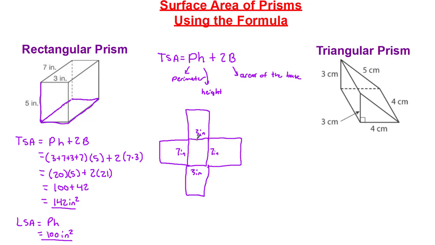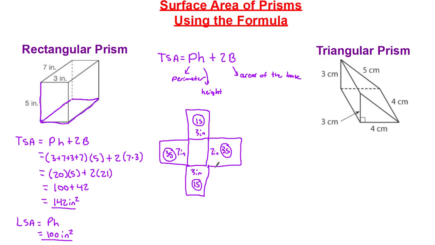Okay, so this is going to be a 3 by 5, which is going to be equal to 15. This is going to be a 7 by 5, which is 35. This is going to be also a 7 by 5, which is 35. I'm multiplying the areas here. And this is going to be a 3 by 5, which is 15.